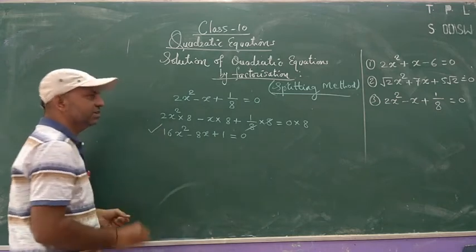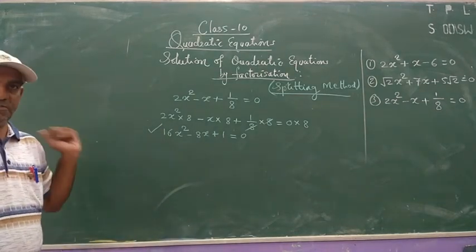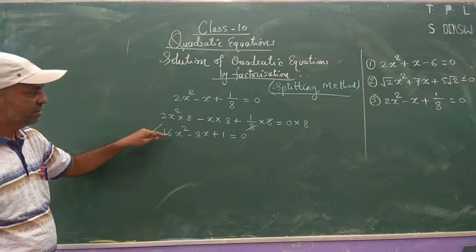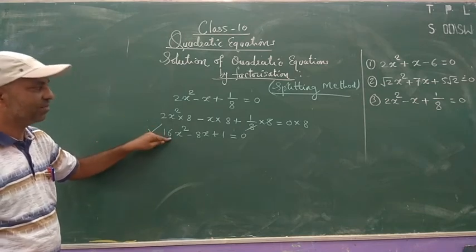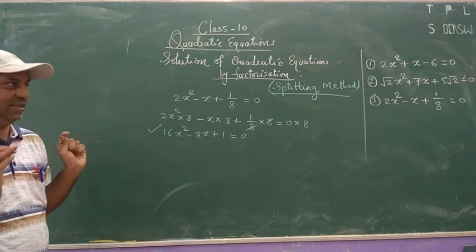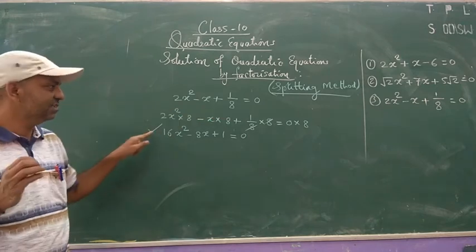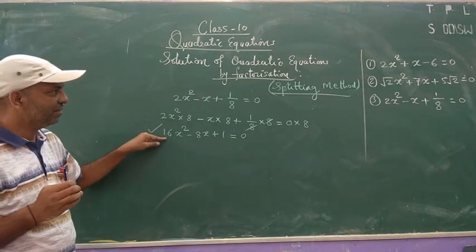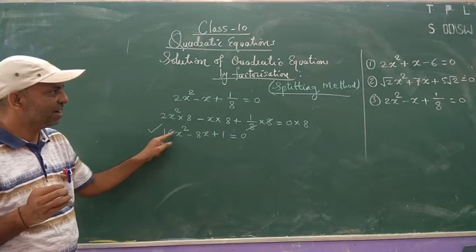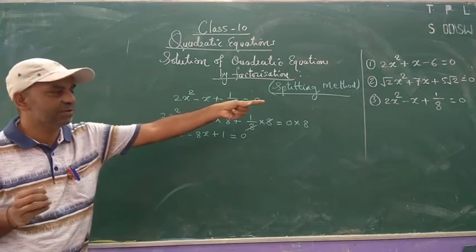So this is our quadratic equation. ये इक्वेशन मिल गई. अब इसके हमें रूट्स निकालना है. So this equation and this equation are the same. When you divide by 2, divide by 8, we get the same equation.